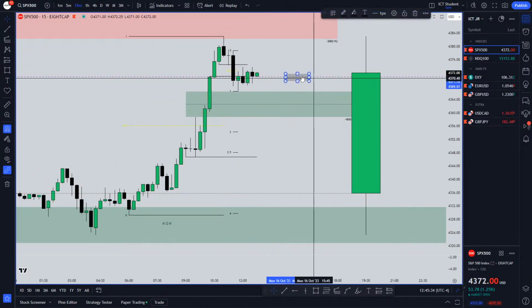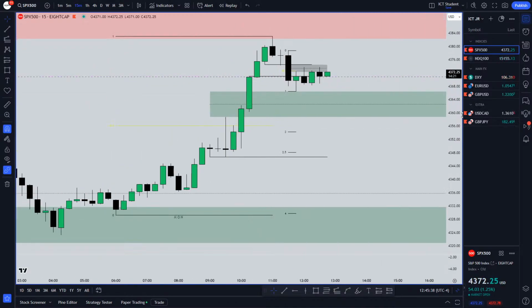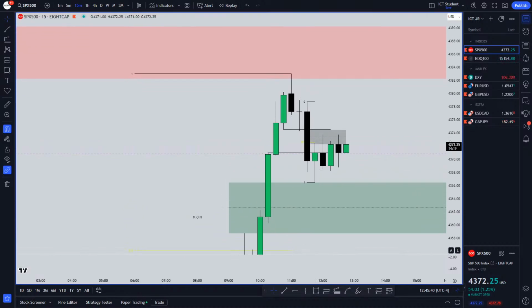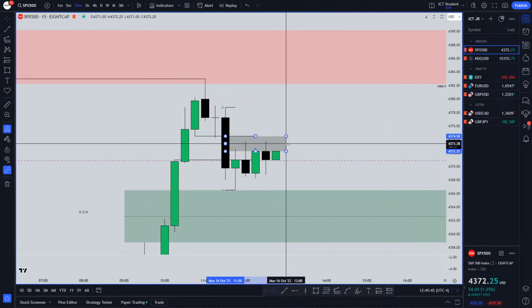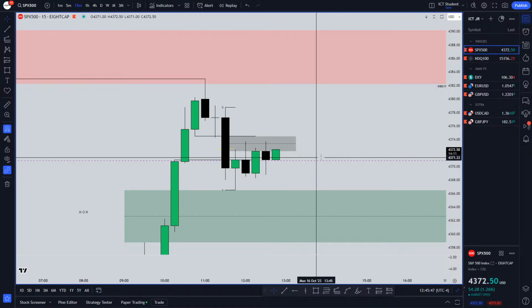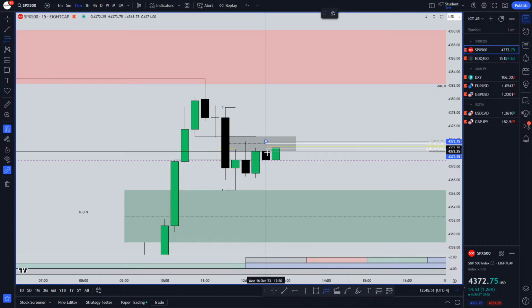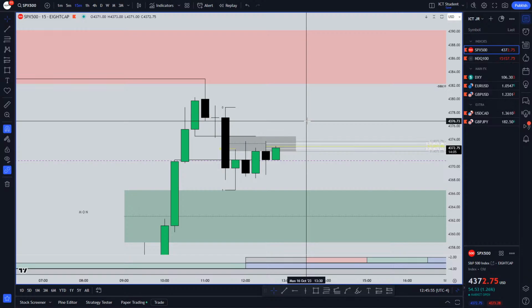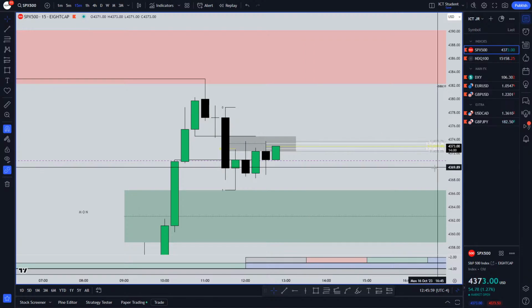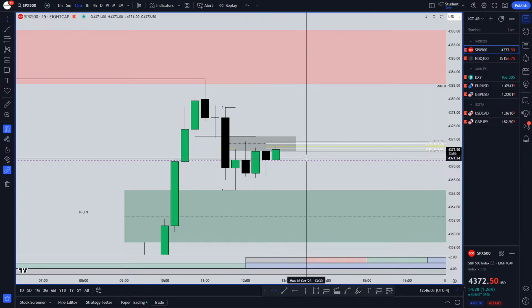Alright guys, let me fix this real quick. You see here, we just started this candle, power of 3 here. Let's see how we form on this 15-minute candle. These are 90-minute cycles.